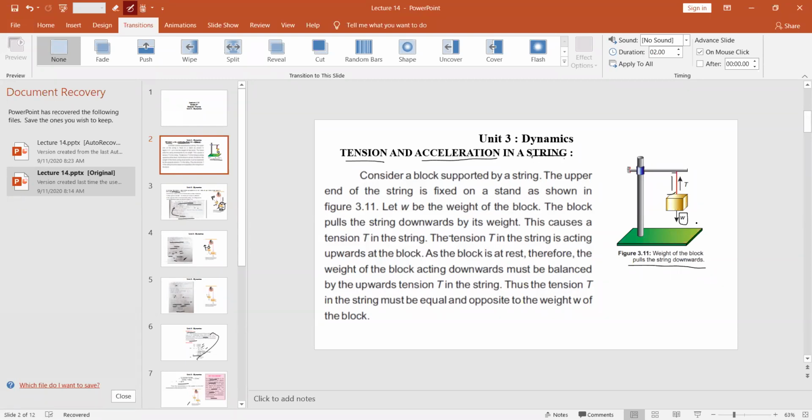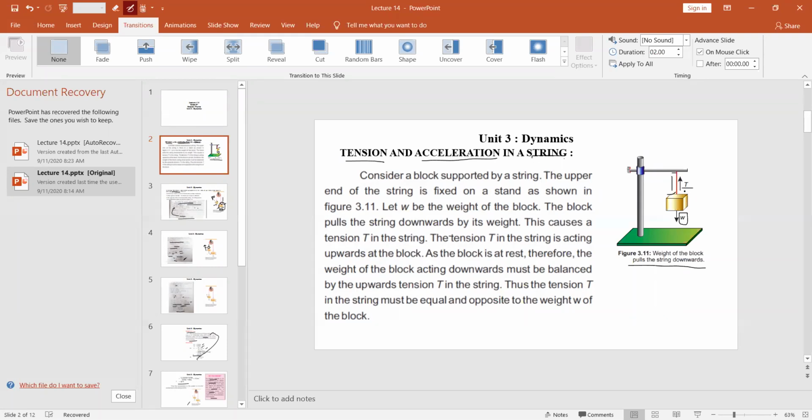It means there is some opposite force also acting on the block, a reaction force that keeps the object up. The upward force that is opposite to the weight is basically the tension, right? That's why this block is at rest. It is not moving, right?